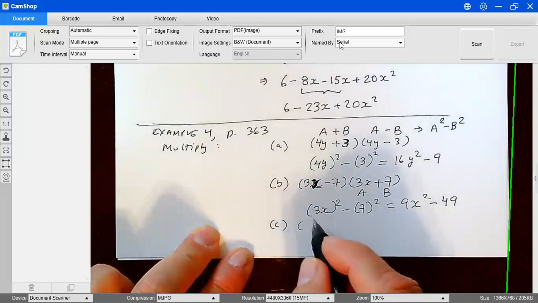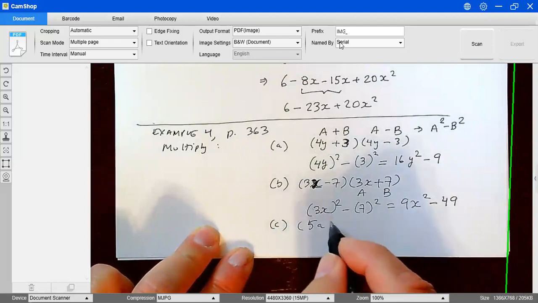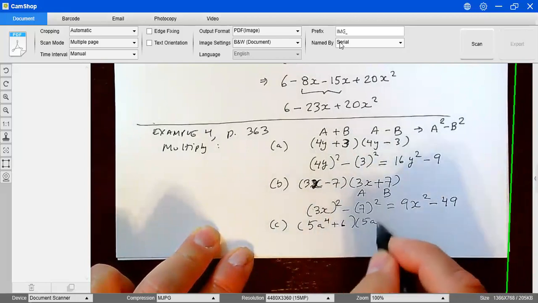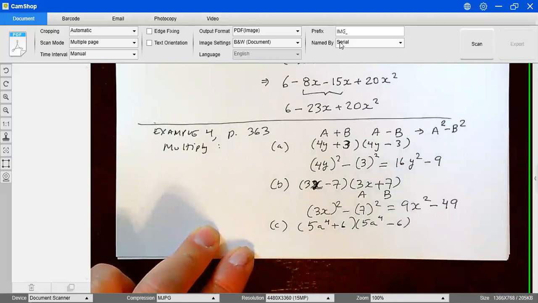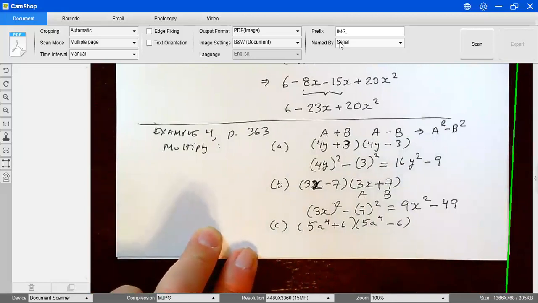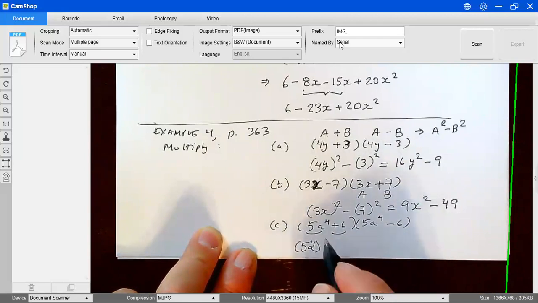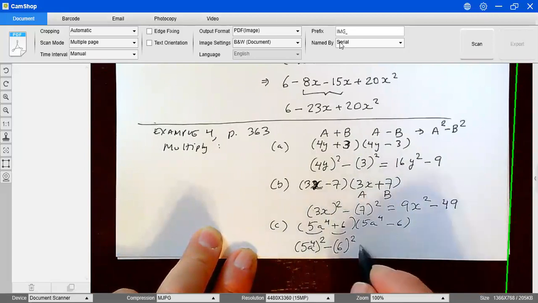The final problem is (5a to the 4 plus 6) and (5a to the 4 minus 6). Again, we have two binomials that are conjugates. This is a, this is b. So we're going to square a: 5a to the 4 squared, minus 6 squared.